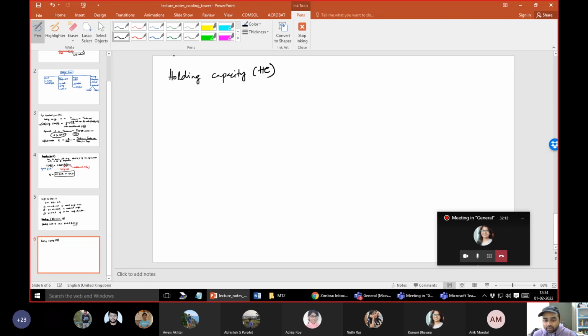You can easily interpret it from the name itself: it is the amount of water that is held up in the cooling tower, typically in cubic meters. It is the capacity of the cooling tower in some way, the hold-up volume in the cooling tower. That is known as the holding capacity.